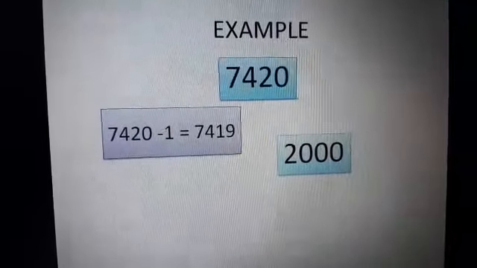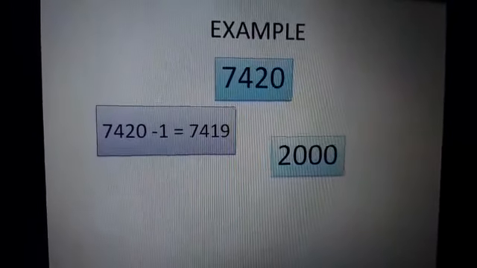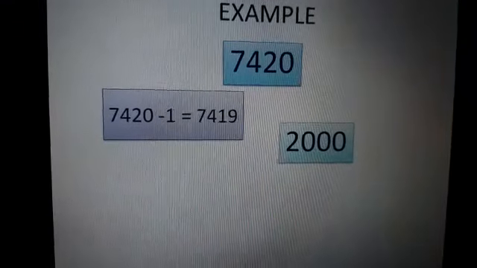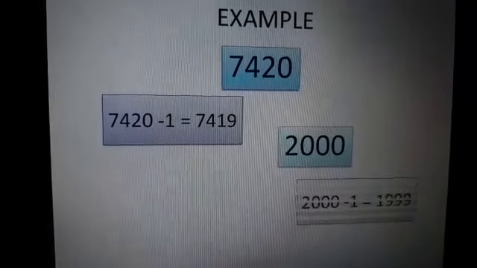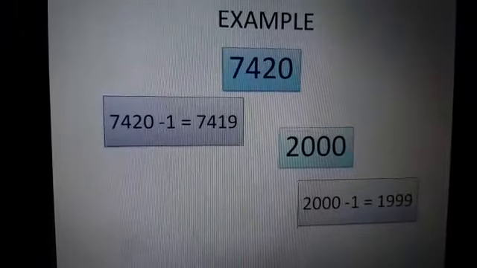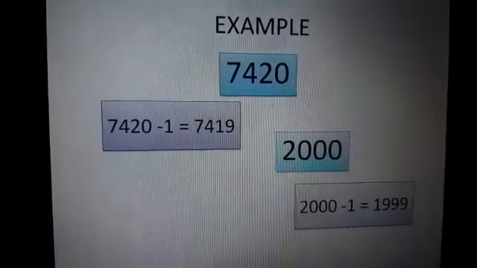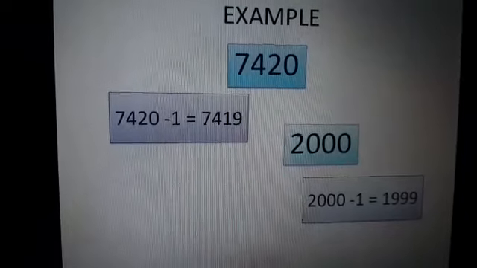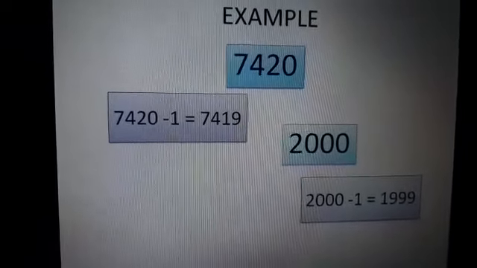What about number 2000? If I want to find the predecessor of 2000, what I'm going to do? I'm just going to subtract 1 from it. A number before that or before 2000 is 1999. And how did you get that? You just subtracted 1 from that.